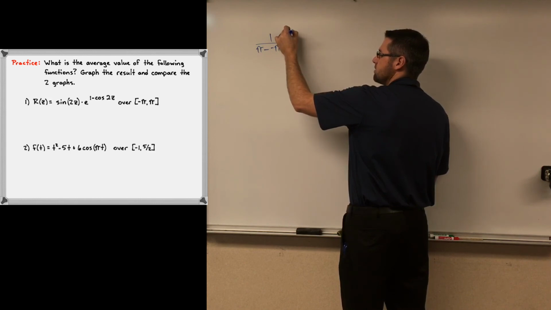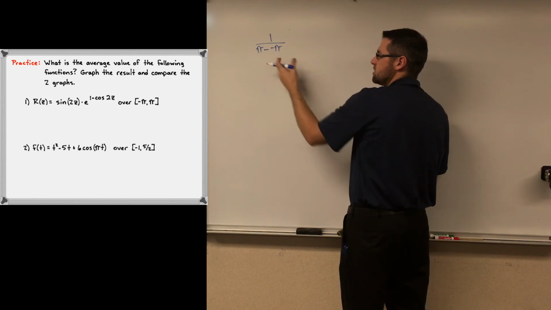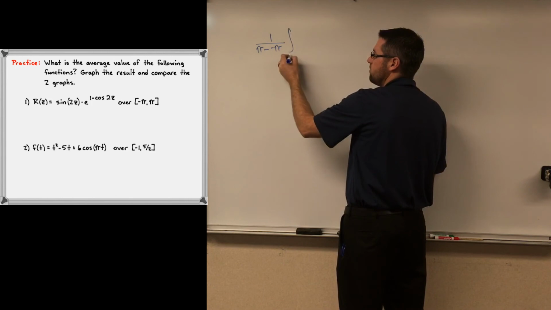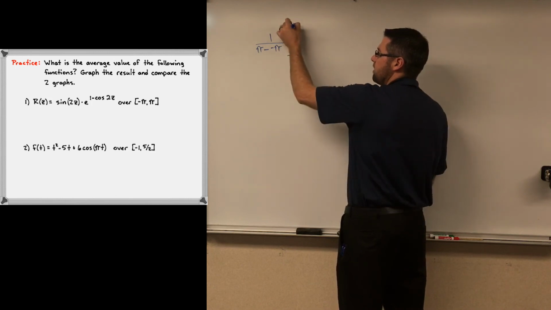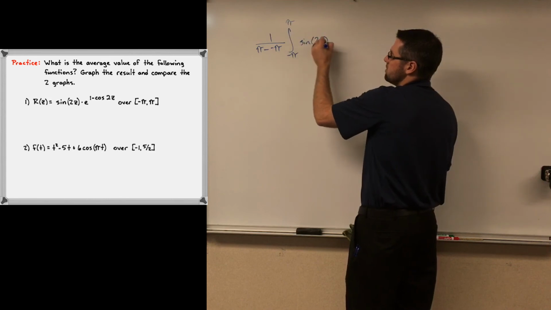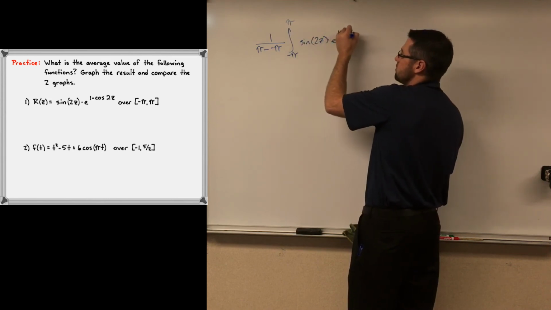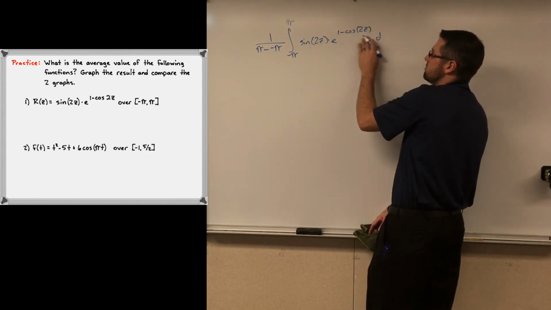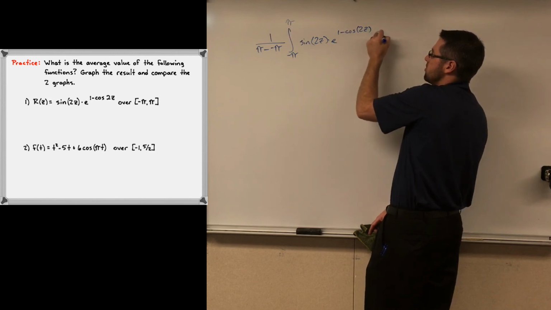Come on, guys. What's next? What's the equation that's going to give me the average value? The integral from negative pi to pi of sine of 2z times e to the 1 minus cosine of 2z, and then times dz.